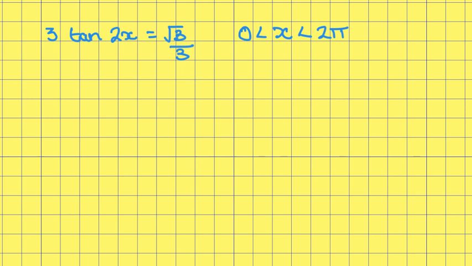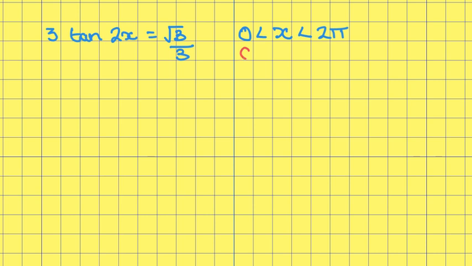So 2 times 0 gives us 0. 2 times 2 pi will give us 4 pi. So our new domain is for any 2x value between 0 and 4 pi. So that is 2 complete revolutions of the unit circle.